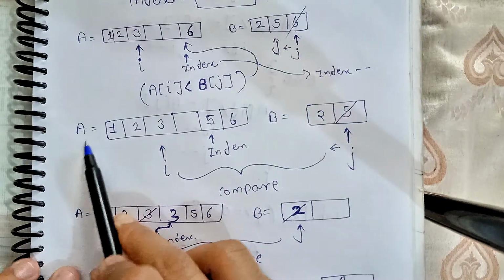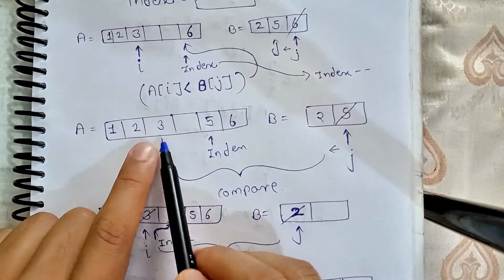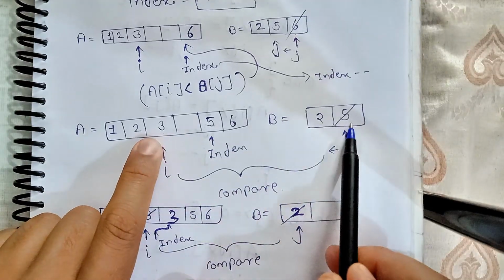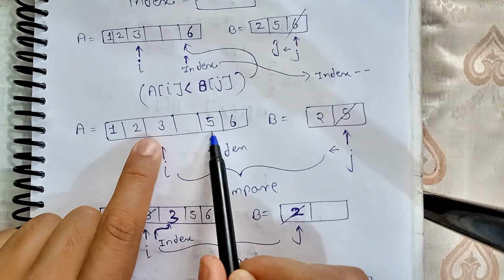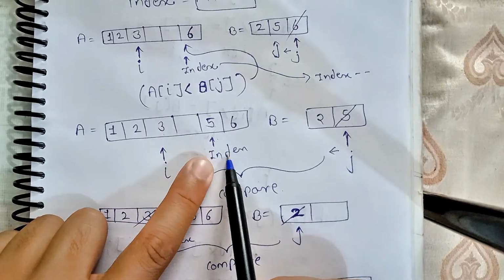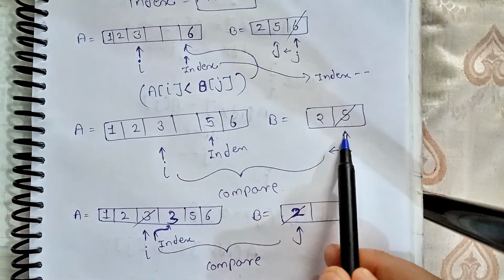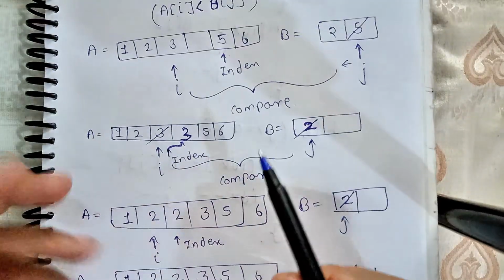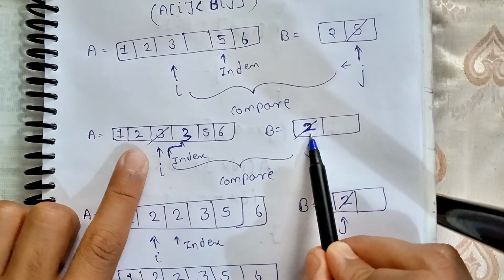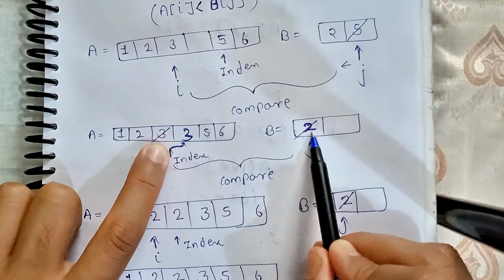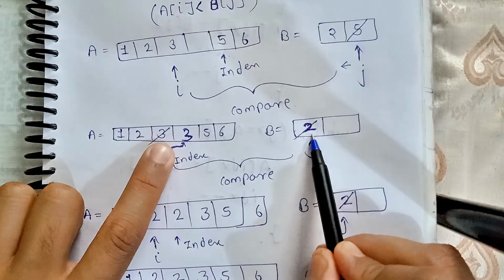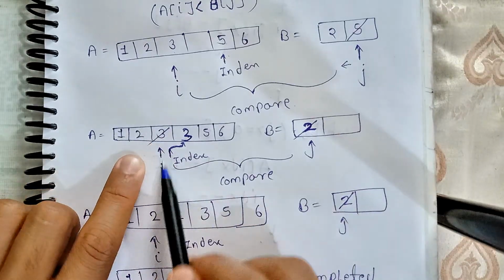Then moving to the next, we check this with this. 3 is less than 5, so 5 will be stored over here, and index will be decremented, and j is also decremented. After this we compare the next elements. We compare 2 with 3. 2 is smaller than 3, so 3 will be stored over here.